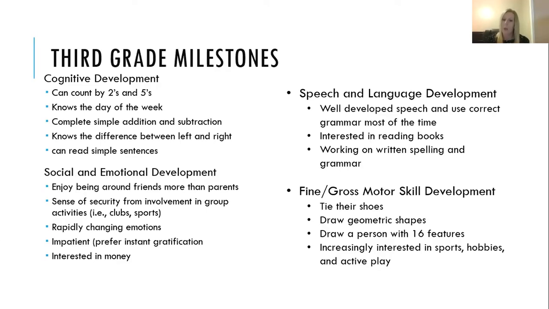At this time, they're also working on written spelling and grammar as well, but still pretty well developed. In their skill development, they should be able to tie their shoes, draw geometric shapes, so triangle, rhombus, things like that, and they should be able to draw a person with 16 features.